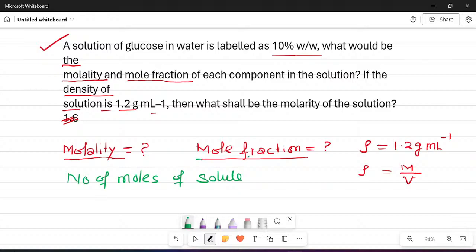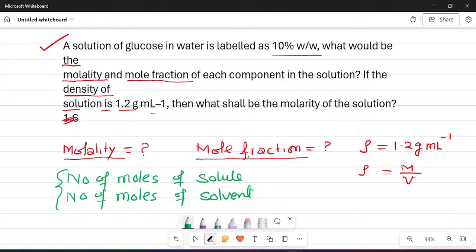If we want to calculate mole fraction, then we require number of moles of solvent also. So we have to calculate number of moles. This is all about this numerical, this problem.